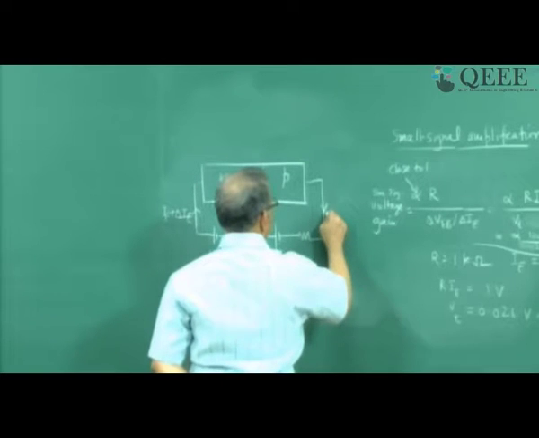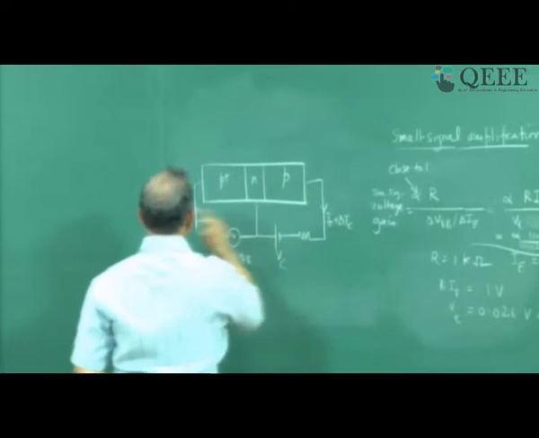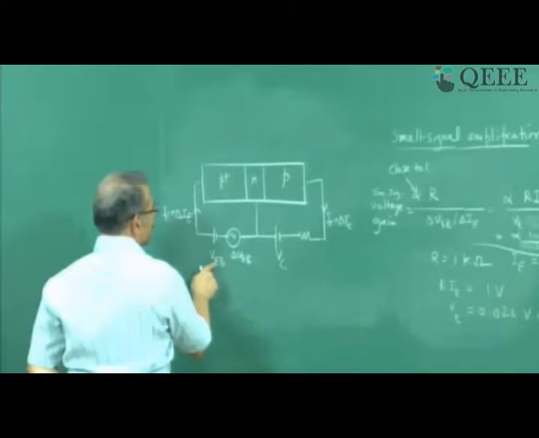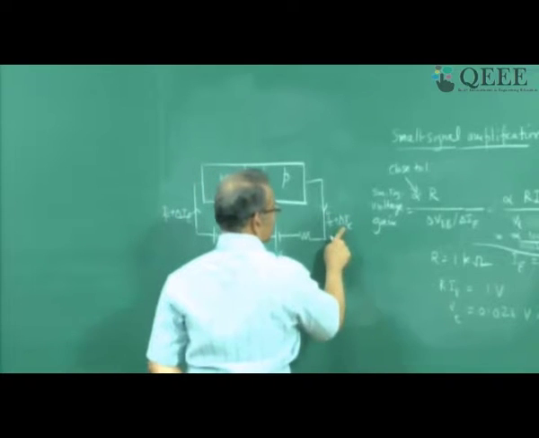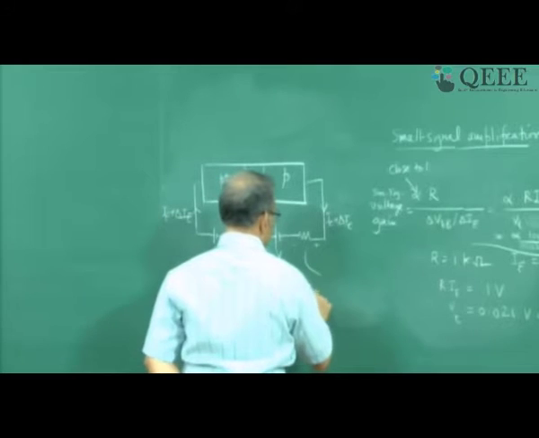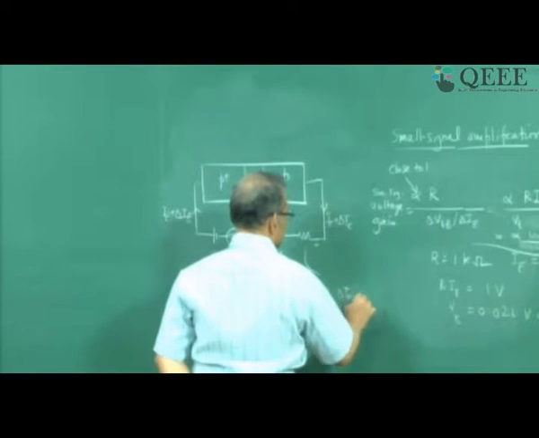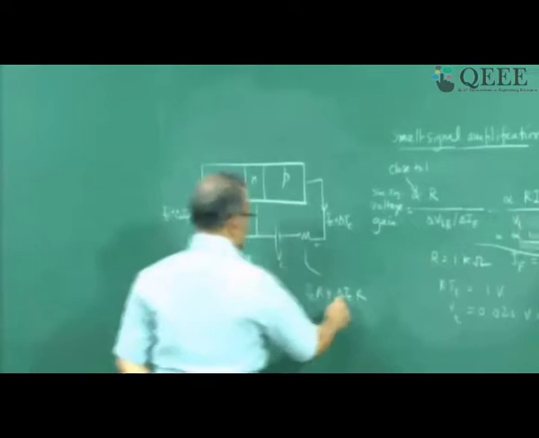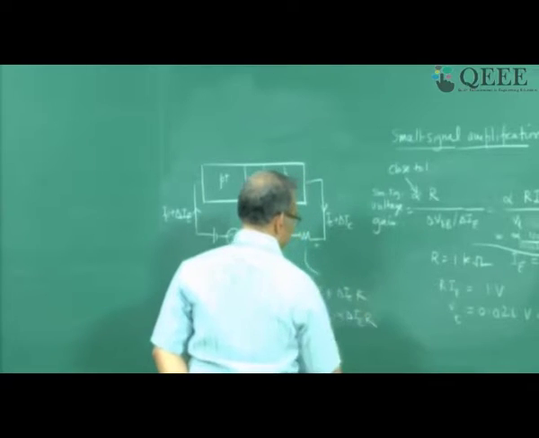And this current is IC plus delta IC. So IC is because of IE, IE is because of VEB. Delta VEB is causing delta IE, that is causing delta IC, right? And here your voltage drop is IC R plus delta IC into R. This delta IC into R we are writing as alpha delta IE into R.